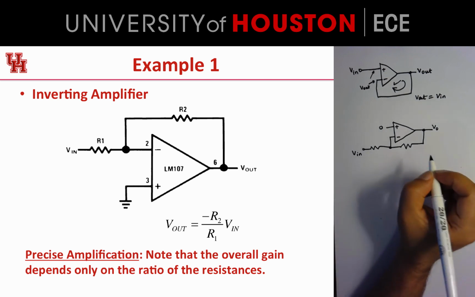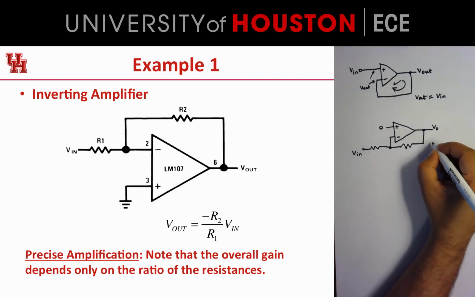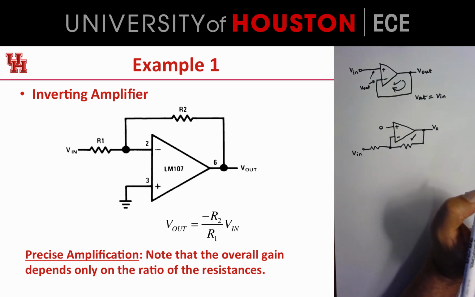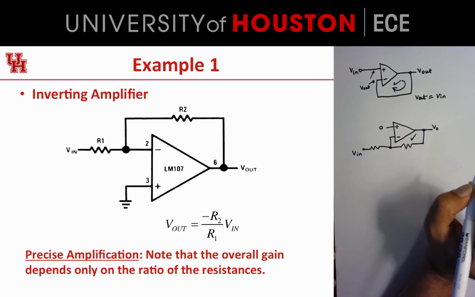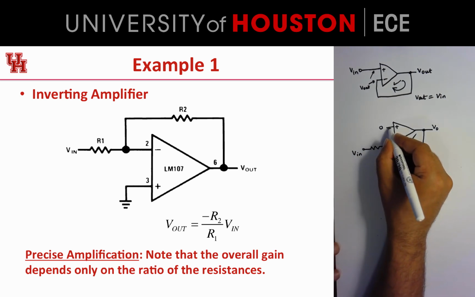So now, first step, we make sure that we have negative feedback, right? So negative feedback, check. We got that. So now that we have negative feedback, we know that this voltage is going to be the same as this voltage. Now we know that this guy is at 0 because we connected him to ground, right?